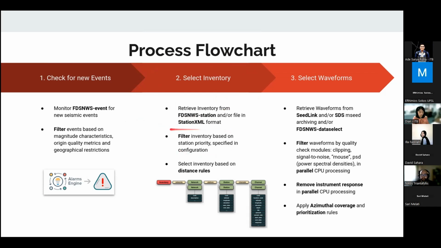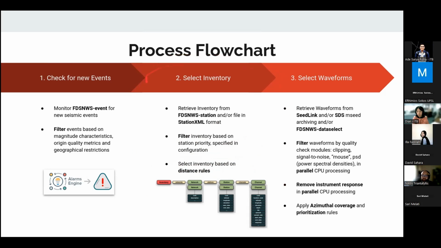Then again, it filters stations based on specific information, like the priority, which is a manual way for someone to give Gisola prior knowledge on how good or bad stations are. And then we select the inventory based on distance rules. We will see later how these distance rules work.